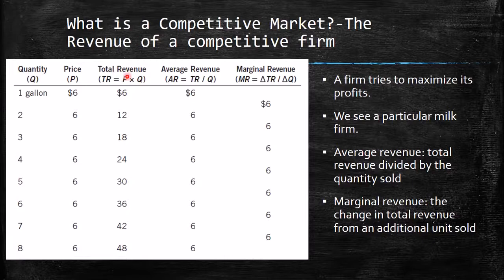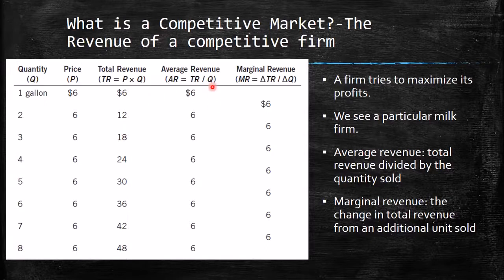Then the total revenue, labeled as TR, is equal to P times Q. 6 times 1, 6 times 2, 6 times 3, and so on and so forth until 48. Then we have the average revenue, which is going to be, remember, every time we have an average, we need to divide by the quantity.